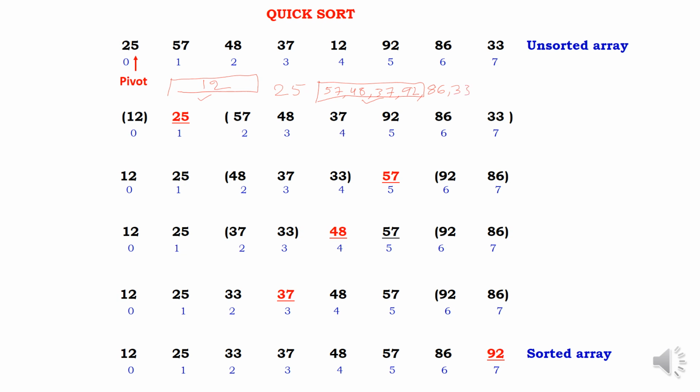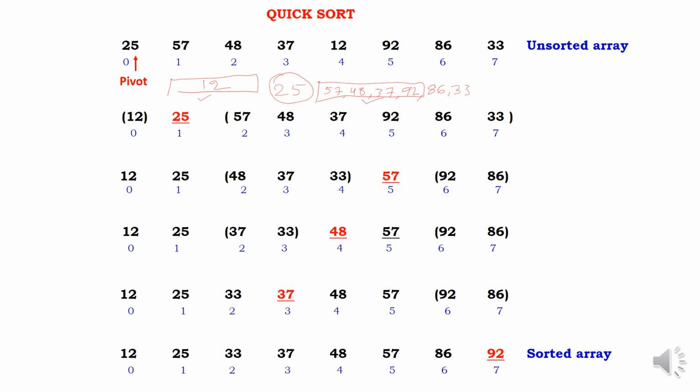So the array is divided into two partitions by fixing the pivot in its proper position, such that all the elements placed before 25 are less than the pivot element and all the elements placed in the right array are greater than the pivot element.